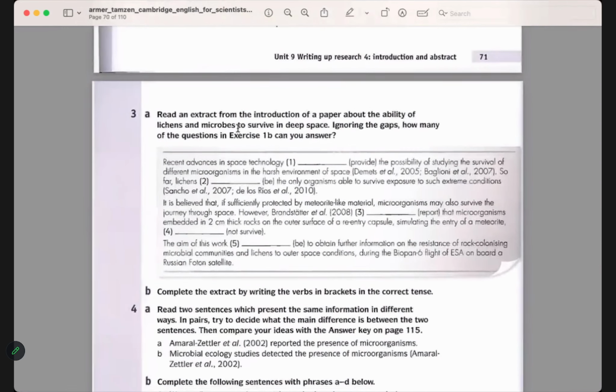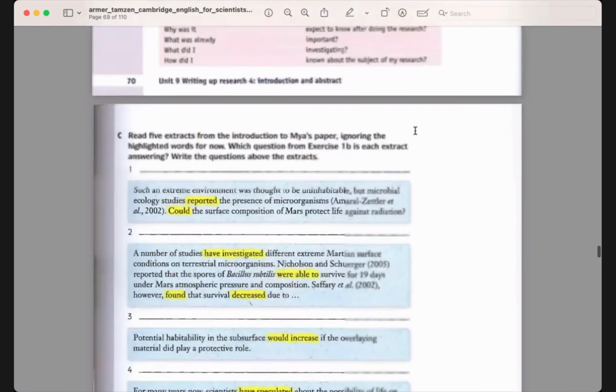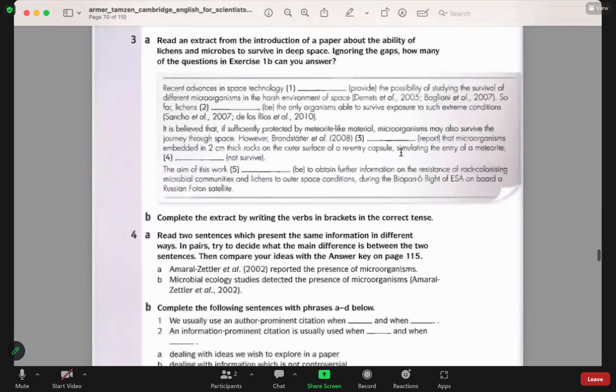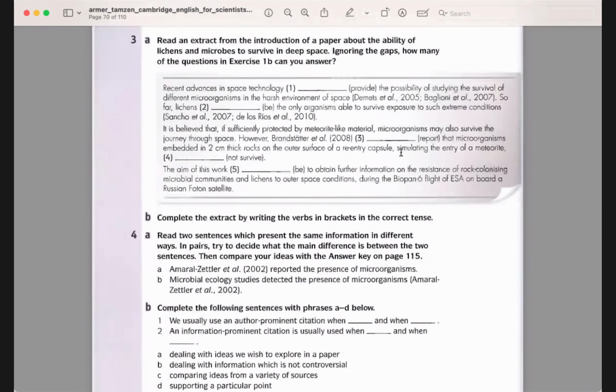Okay, now we can make it bigger. Read an extract from the introduction of a paper about the ability of lichens and microbes to survive in deep space, ignoring the gap. How many of the questions in exercise 1B can we answer after reading this abstract? Just look through.